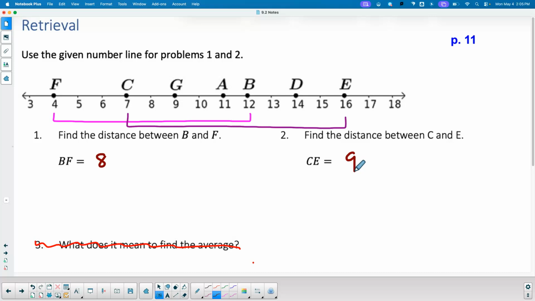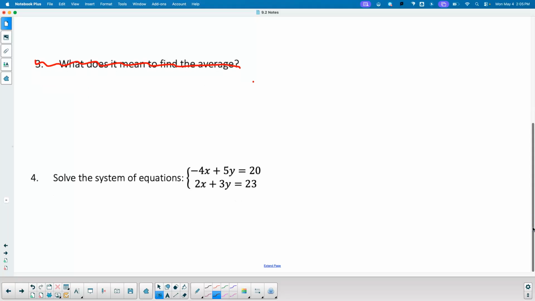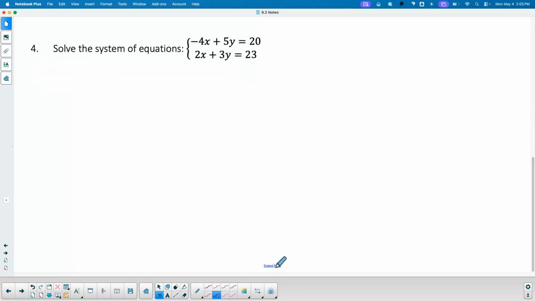Which method of the 3, well, actually, first off, before we even do what method we use, what are the 3 methods to solving? Substitution, elimination, and graphing. Yeah, substitution, elimination, graphing. Which method do you want to use? Elimination? Okay, elimination is my favorite. Okay? All right?